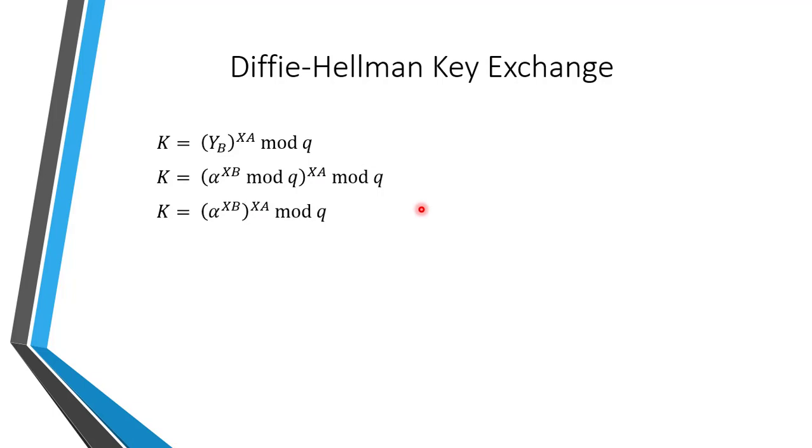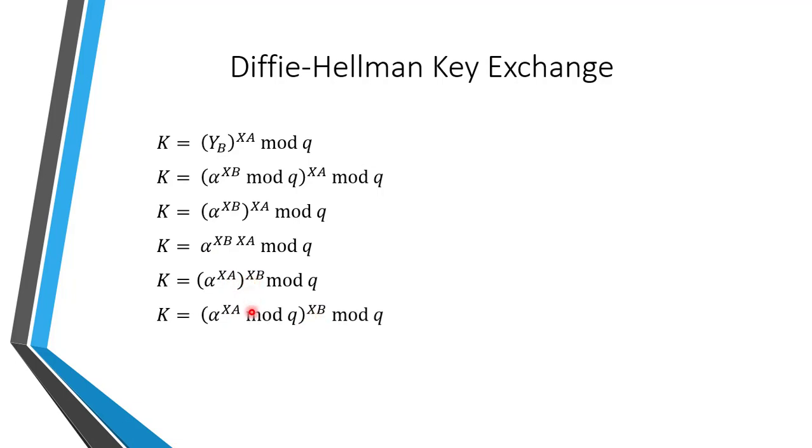Now using the rule of modular arithmetic, we can rewrite it as alpha raised to XB, whole raised to XA, and mod Q. Next, we will exchange the order of XA and XB.